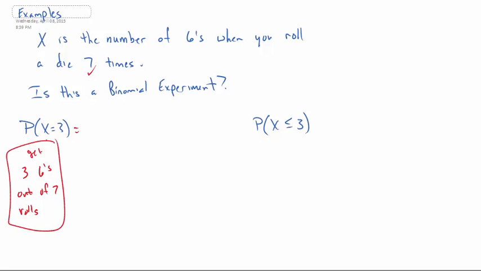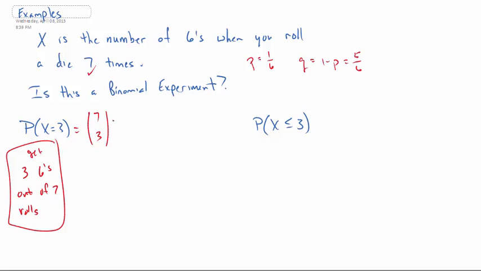It's important to interpret what this probability notation means. So, using our binomial formula, which is identical to the binomial expansion formula that shows up in your formula booklet for IB, we're going to do 7 choose 3 times probability of success. Okay, what's p? What's little p? It's 1/6. That's the probability of success. Probability of failure is 1 minus p, the probability of getting something other than a 6, which would be 5/6.